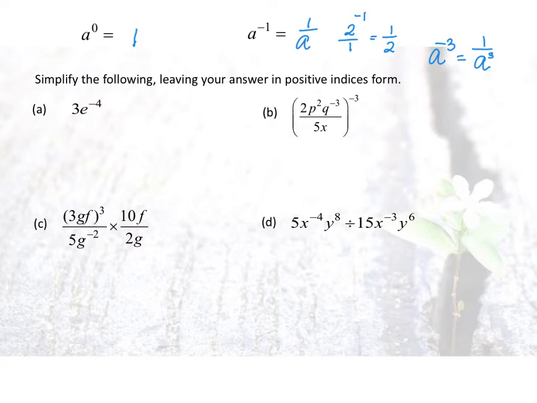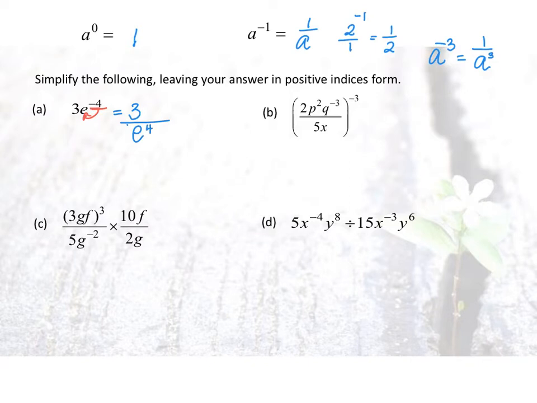In this case, the power negative 4 only belongs to e. It does not have any effect on the number 3. So 3 stays where it is, and I will need to shift e to the denominator. So it will be e to the power of 4.